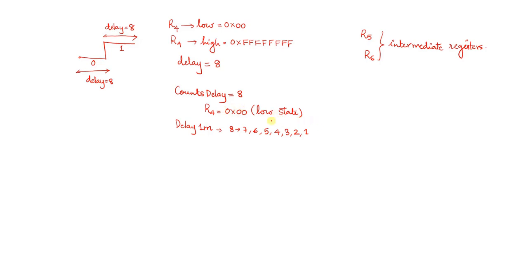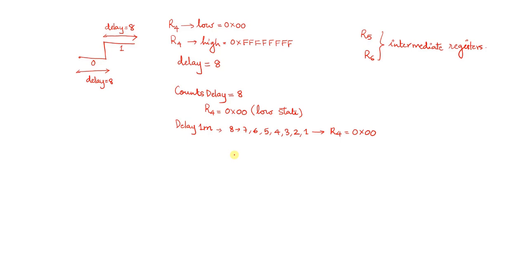That means the value of R4 is going to remain 0x00 itself. So this delay loop makes sure that the value of your counts delay is getting decremented.